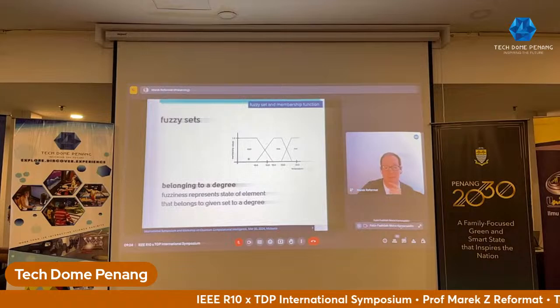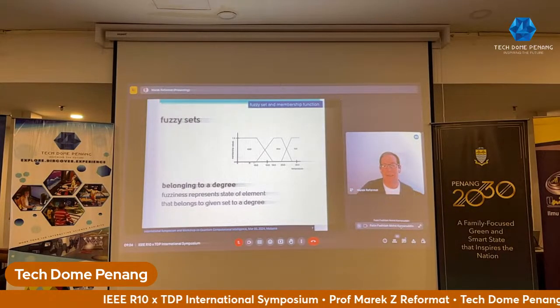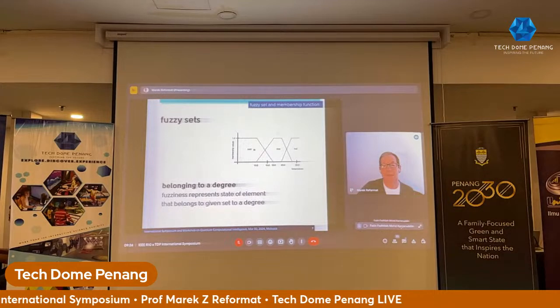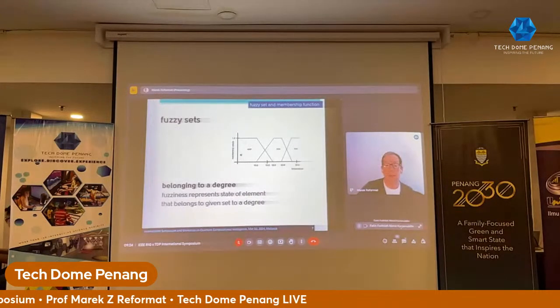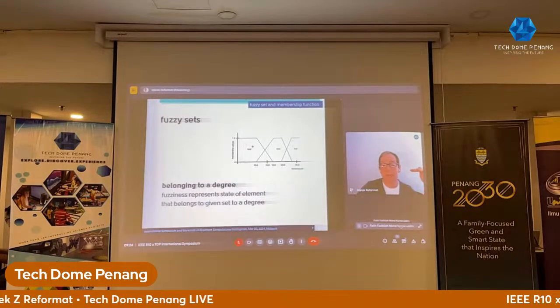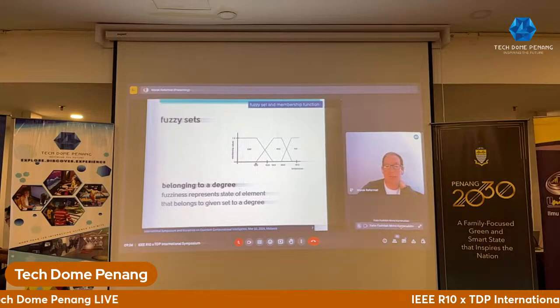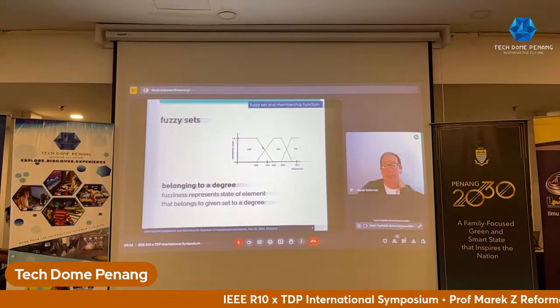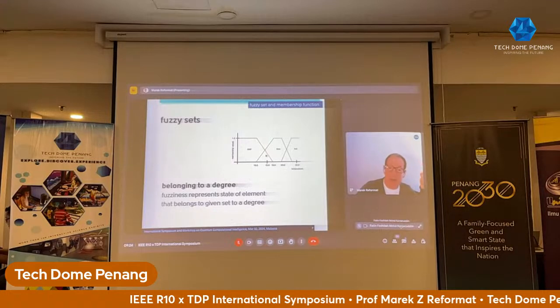So let me just give an example. If we have any temperature between 0 and 10 degrees, you see that the membership of that temperature in the set cool is still one. But for any temperatures between 10 and 15, this line here represents the membership value.